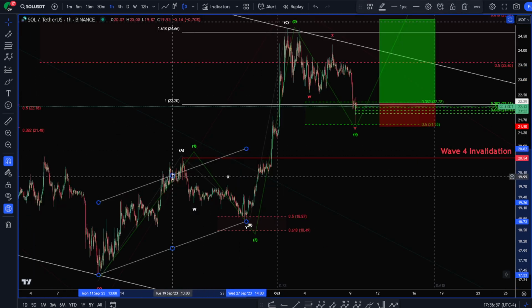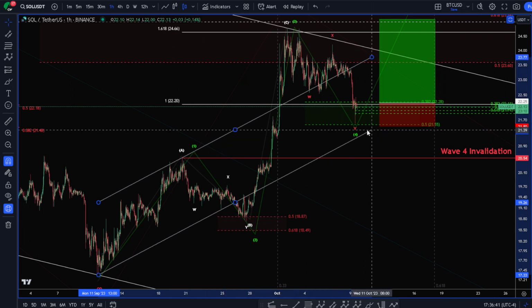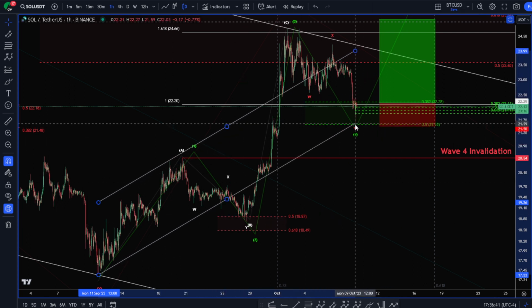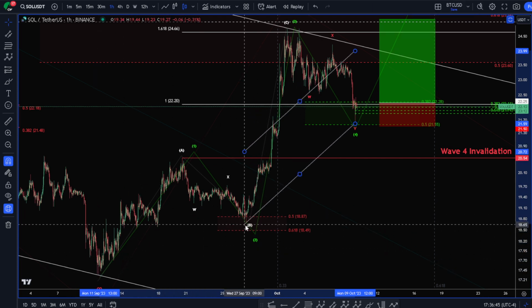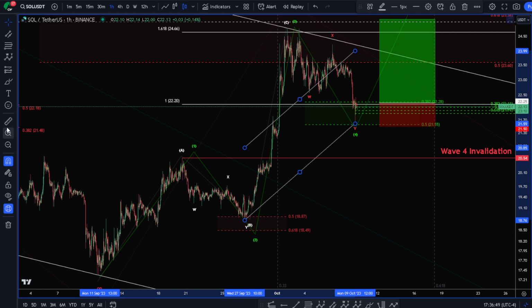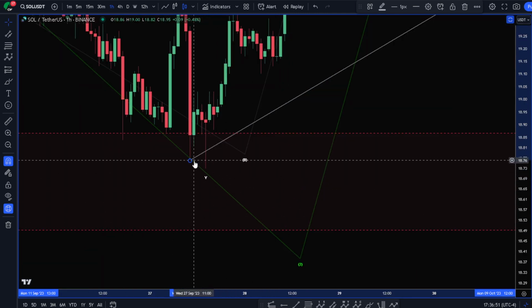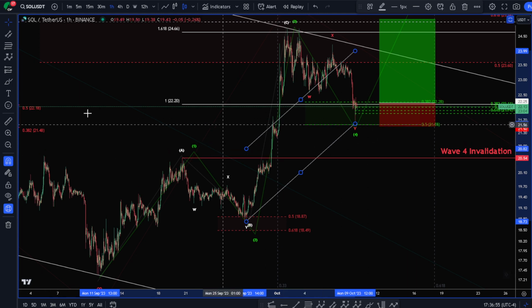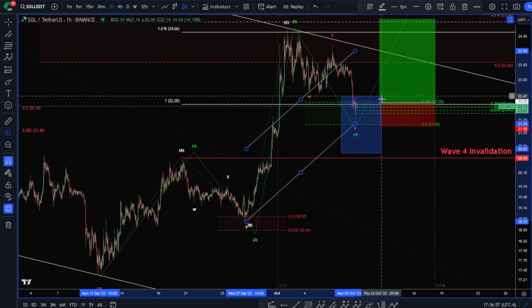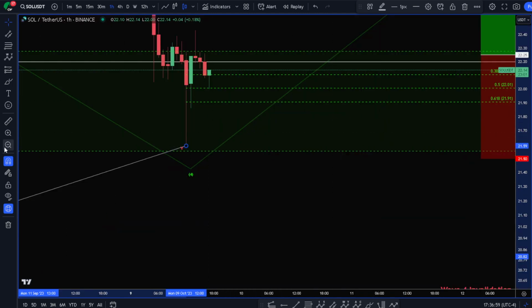And once we reach the top of the channel, we might be able to get some extra insight of where to take our profit if it lines up with our targets. So take off our potential 2 to our 4 pivot.